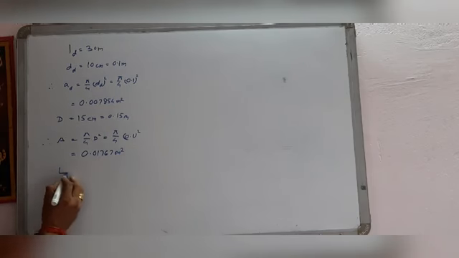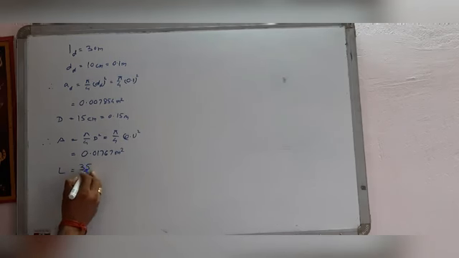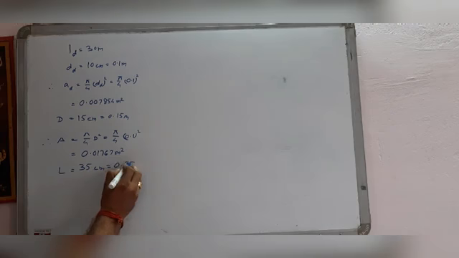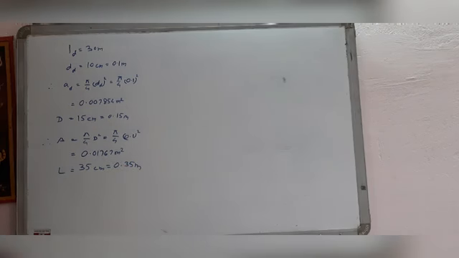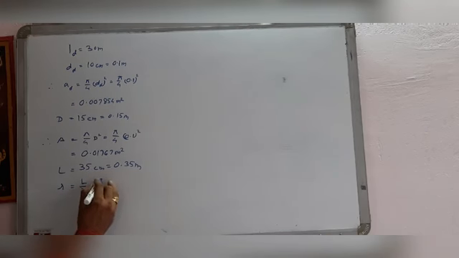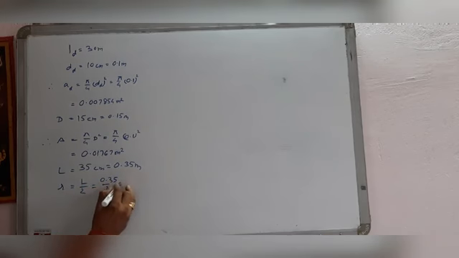Stroke length is given 35 centimeter equal to 0.35 meter. Crank radius is L by 2 equal to 0.35 by 2 equal to 0.175 meter.